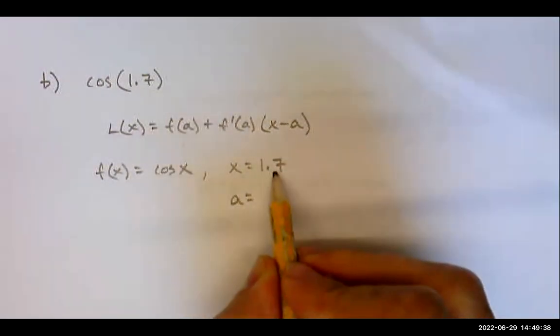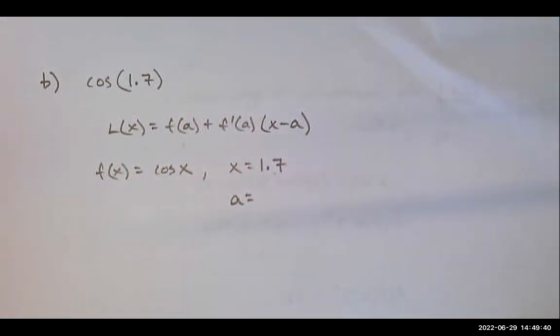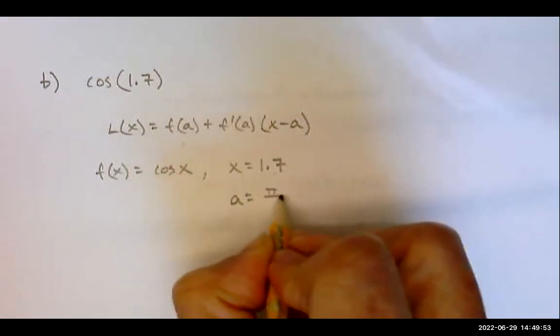So let's see, 1.7. What ratio involving pi is the closest to 1.7? It turns out it's pi over 2.